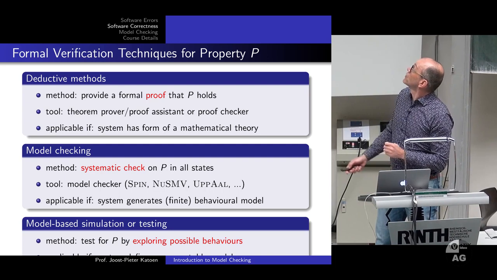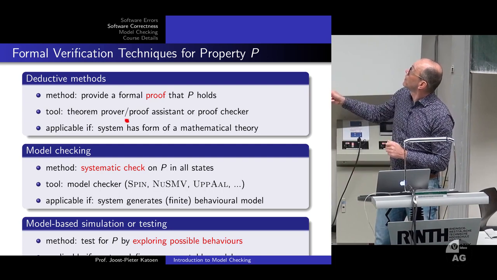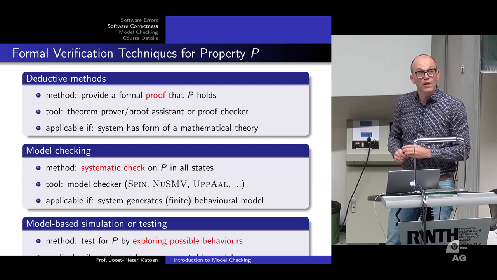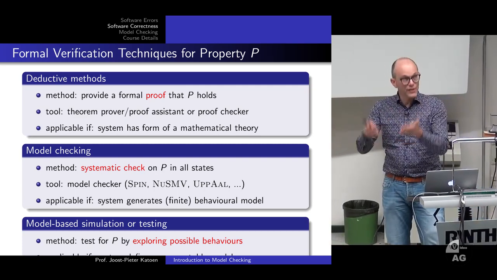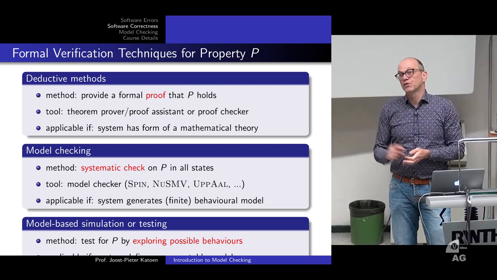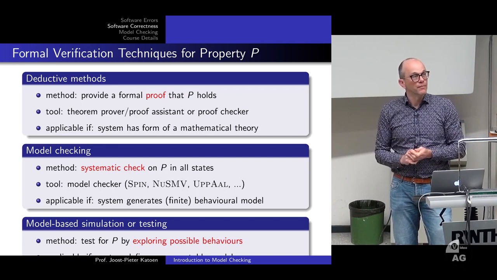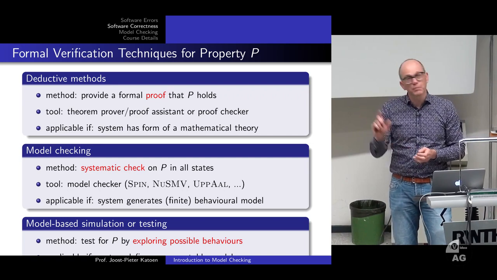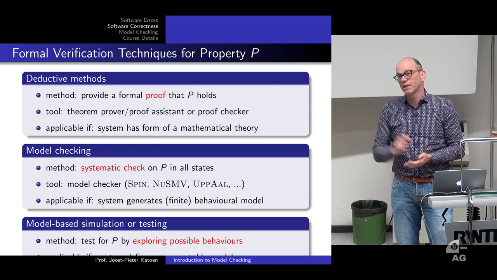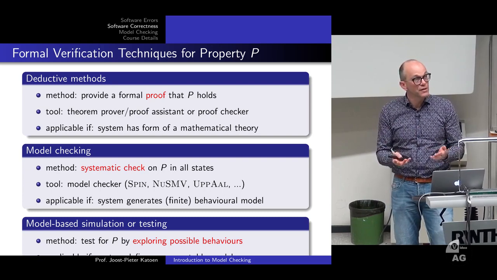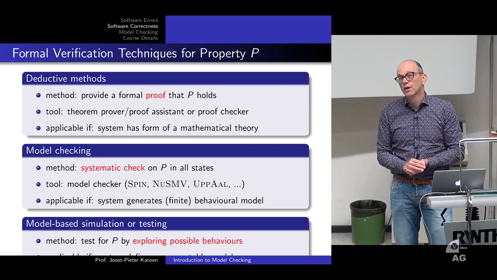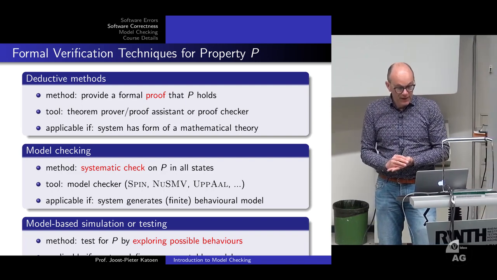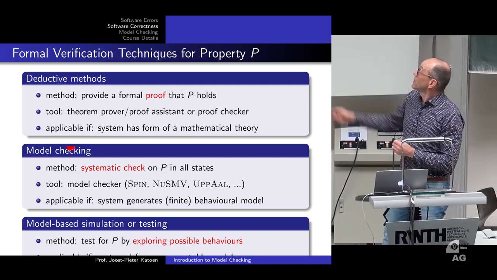For instance, one way is to use theorem provers or proof assistants to assist you as a user in proving, for instance, small lemmas about your program. You have a guess, well, the property should be that x is always at least y. Let's try to prove this. And then the theorem prover can assist you in checking whether this is the case or not. And this is definitely applicable.